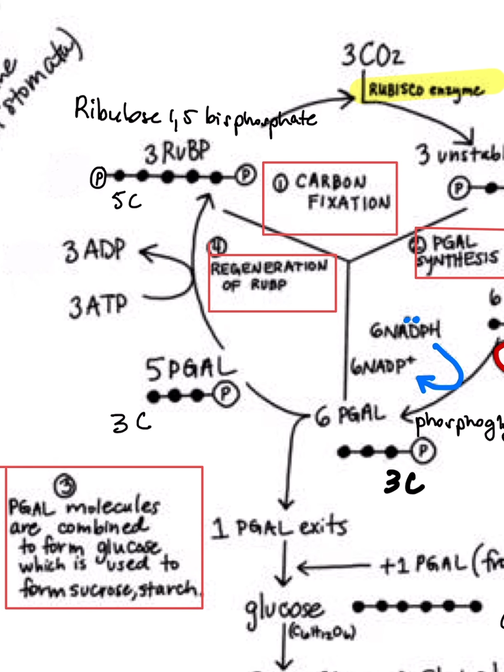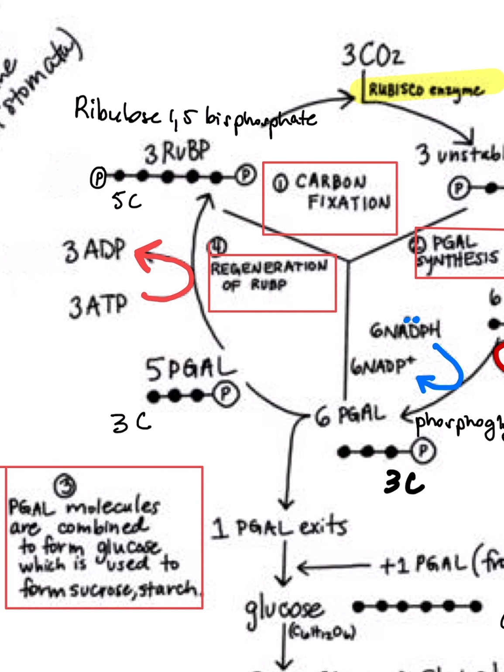So for each of these PGAL molecules, we're going to have to bring in some more ATP energy, and we are going to have to bring in the energy to convert with this multi-step process the PGAL or the phosphoglyceraldehyde back into ribulose 1,5-bisphosphate. So as I said, it's multiple steps occurring here. We've simplified it.